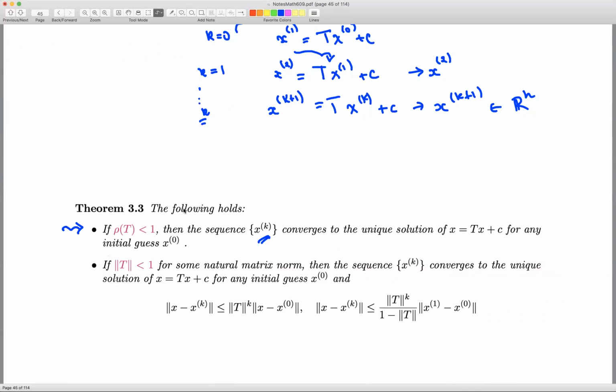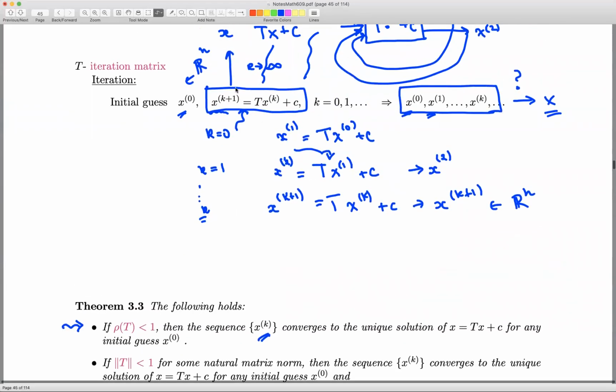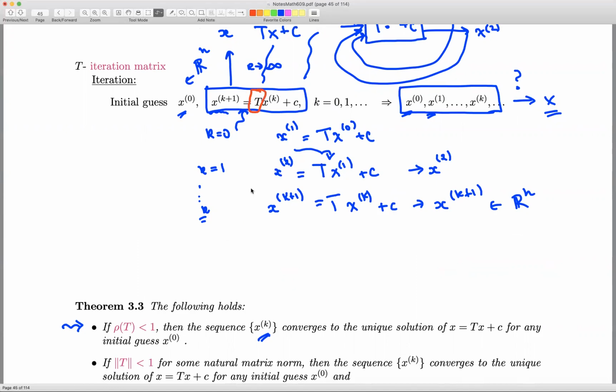And it says that if the spectral radius of the iteration matrix T, the matrix T that is in the iterative procedure, is less than 1, then the sequence that is generated by the iterative procedure will converge to the unique solution of the system x is equal to Tx plus c for any initial guess x0.